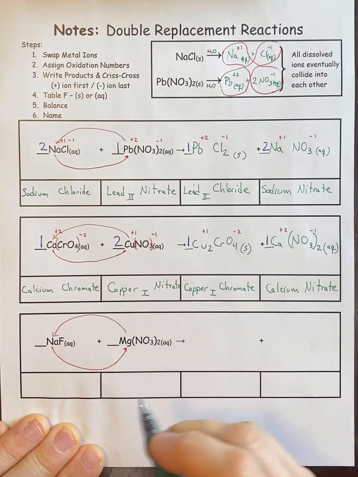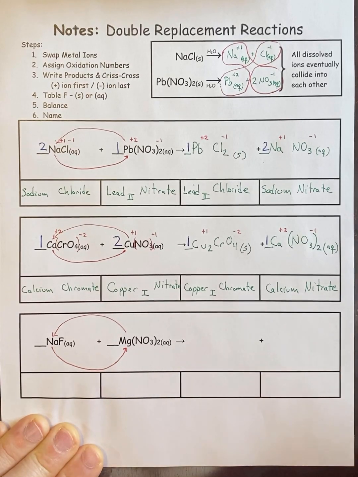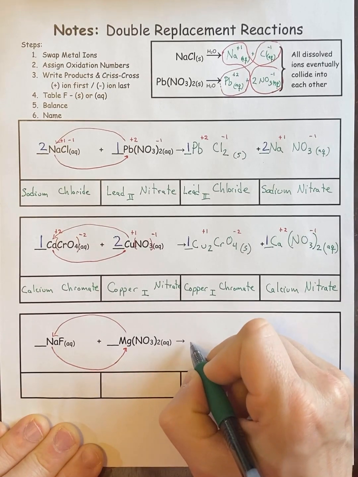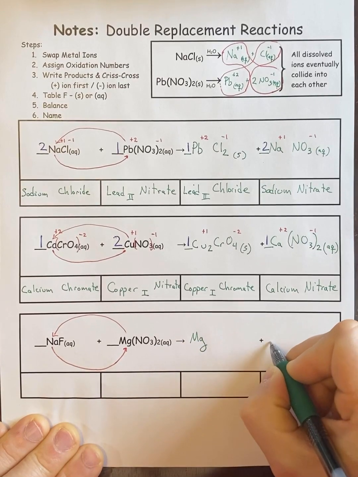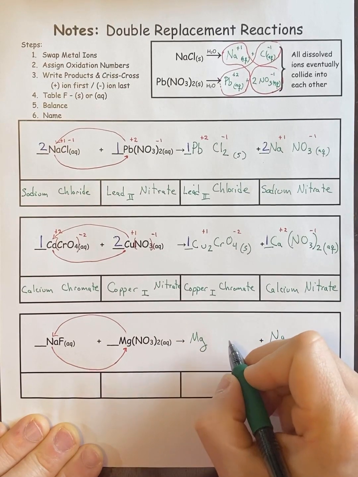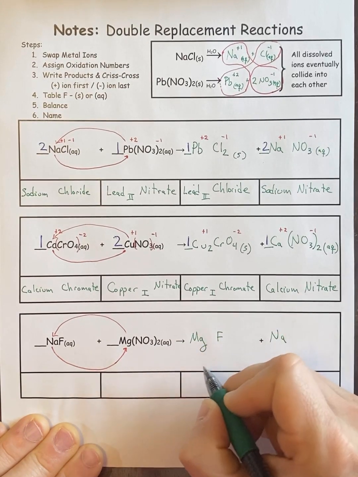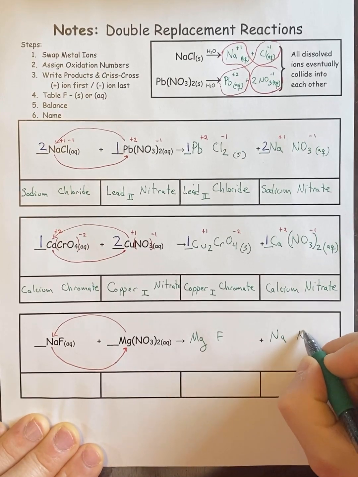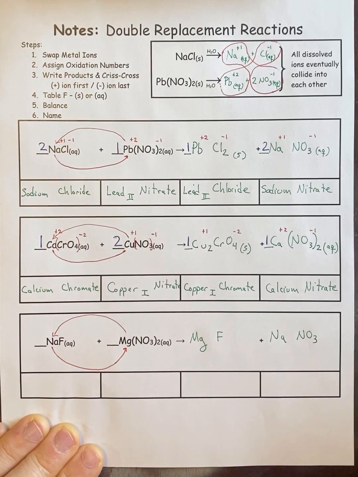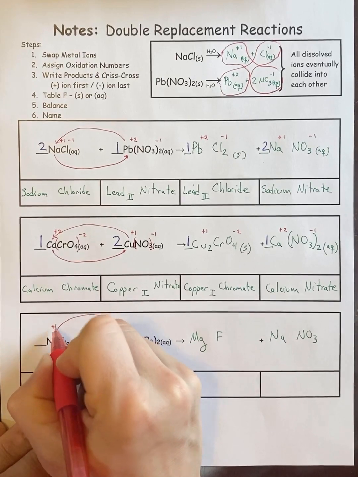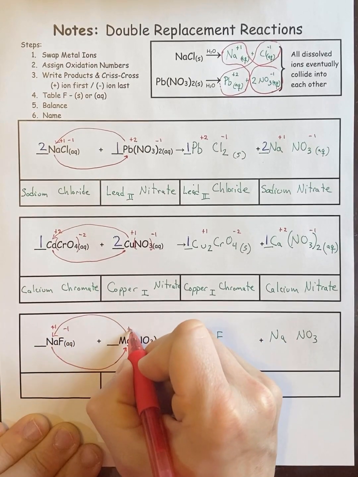Trade the metals. Let's rewrite them. So we're going to get, assign the oxidation states, +1, -1.